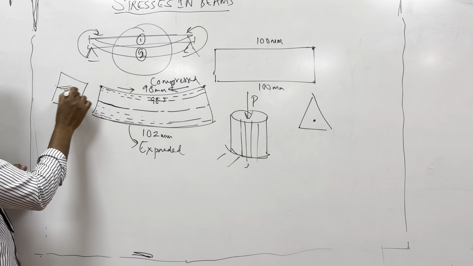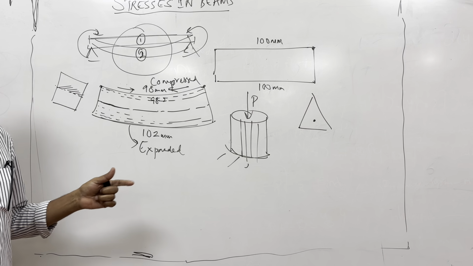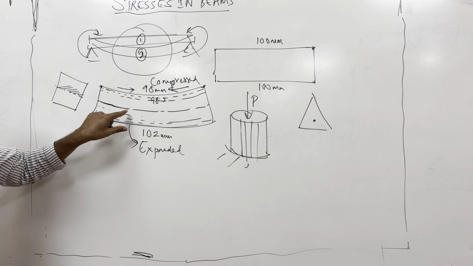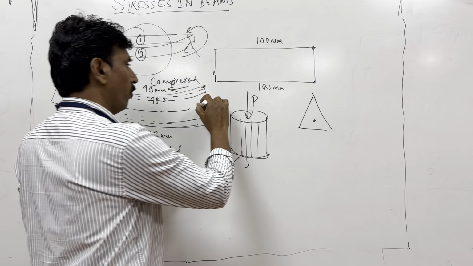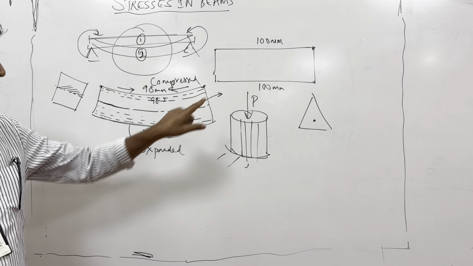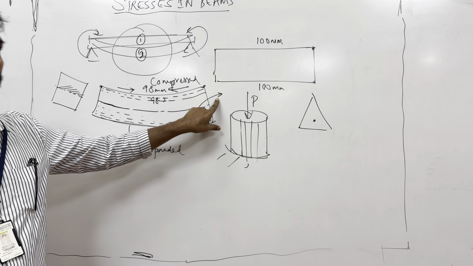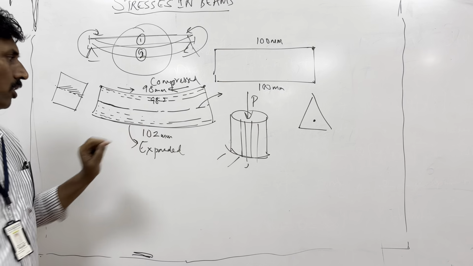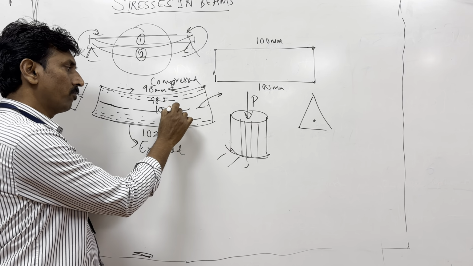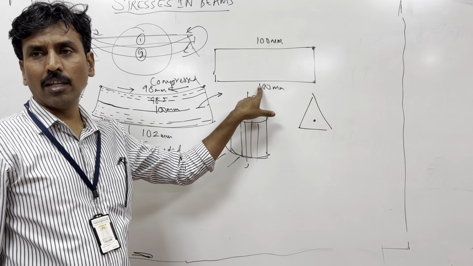So all the fibers starting from this point are neither in tension nor under compression. There's a fiber at this point which is not stressed at all. This is not under compressive stress, and not under tensile stress, because its length has not changed. The original length was 100 mm, and now this length is 100 mm.